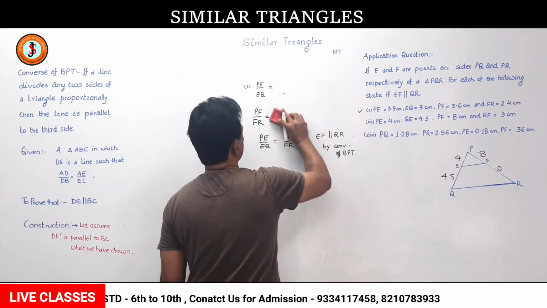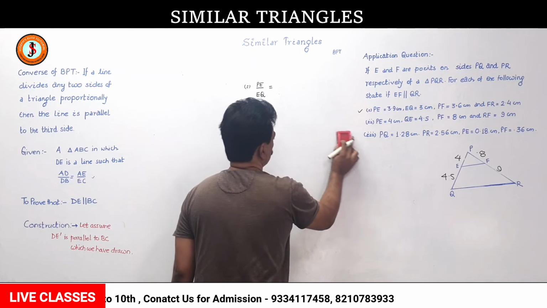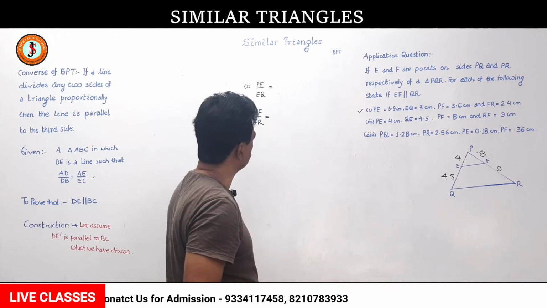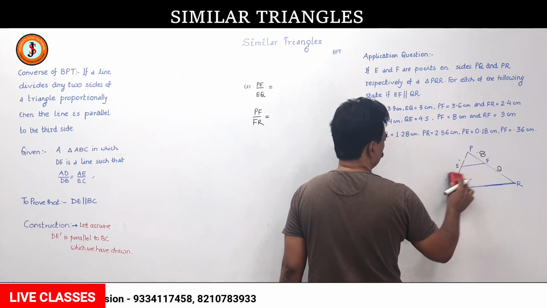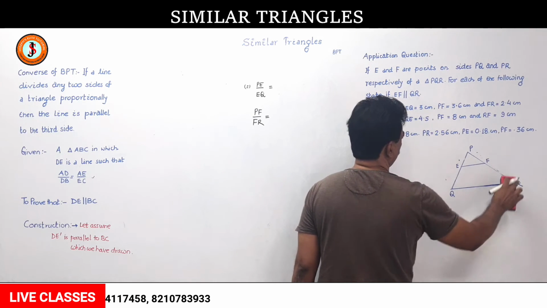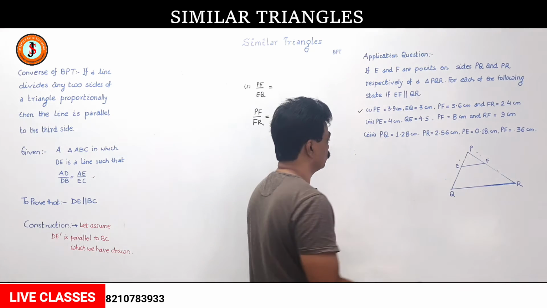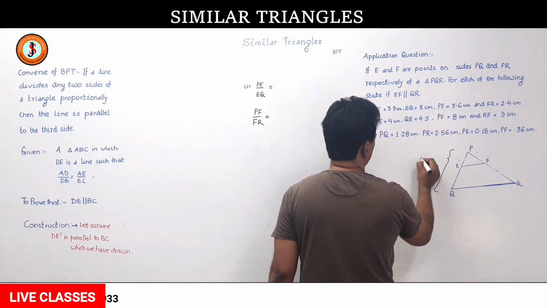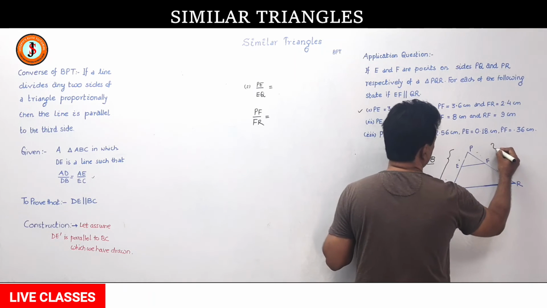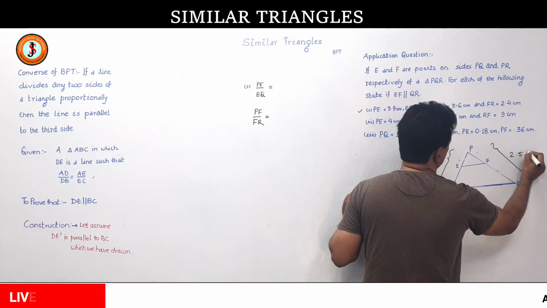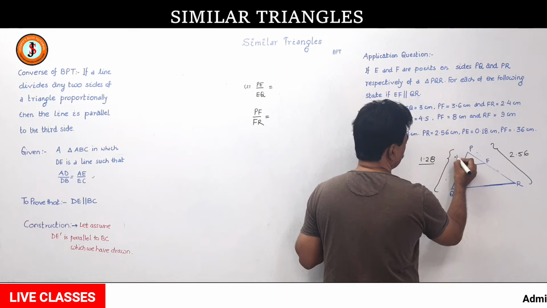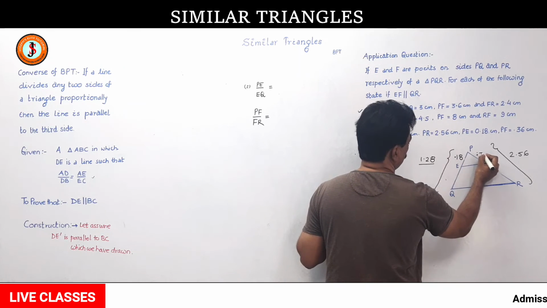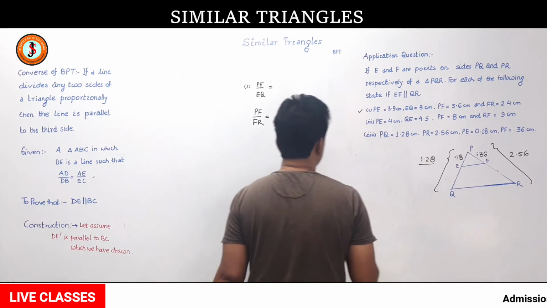I will remove this part, then I will remove this whole thing. Now, let us see the next question. This has to be removed, this and this. Now, in the next question, PQ is 1.28 and PR is 2.56, PE is 0.18 and PF is 0.36. So, EQ first we will get.